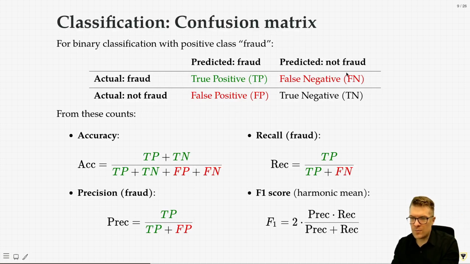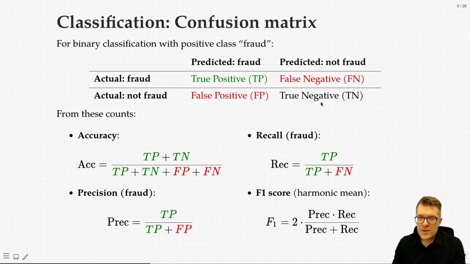On the other column, there's no fraud, so every element of this column is negative. Then the truth or falsity is measured against reality. If a model says something is positive and it's true, that's a true positive. If it says something is positive and it's not actually positive in real life, that's false. It's an error. That's a fairly easy way to remember what each of these quantities refers to.